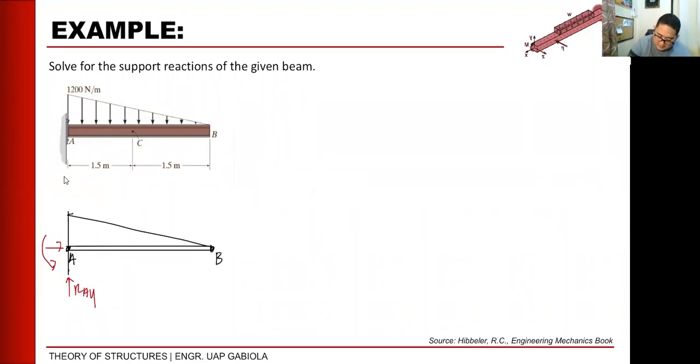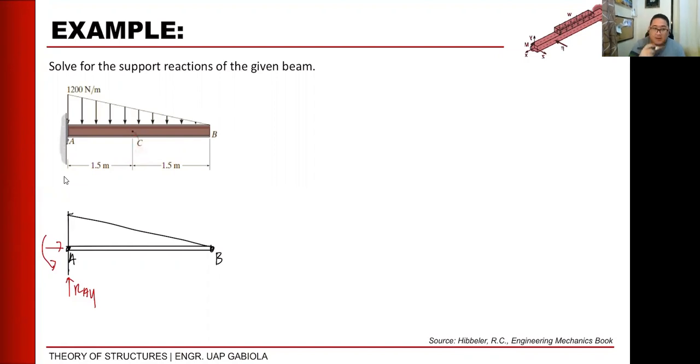So, dito, may nakita kayong point. Hindi ibig sabihin internal hinge siya, no? Unless in the future na discussions, naka-note siya na internal hinge siya. Tsaka mo lang siya i-assume na internal hinge. Ngayon, itong point na to is just arbitrary to designate na yung point na yon pwede nating tawagin as point C. Okay? Pero it doesn't mean na siya ay internal hinge.